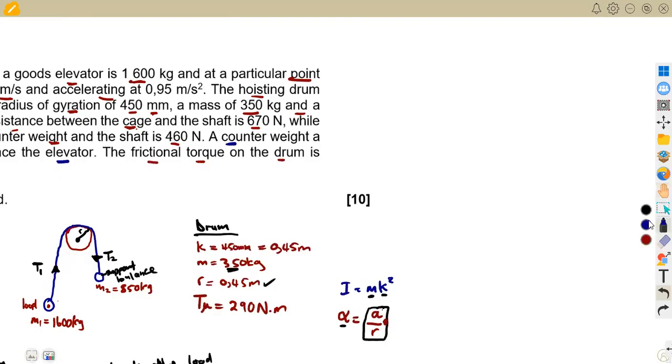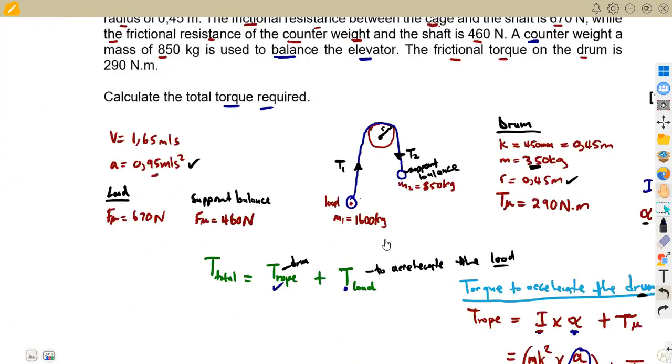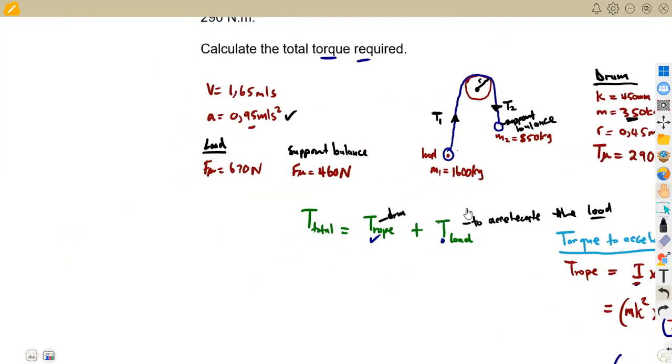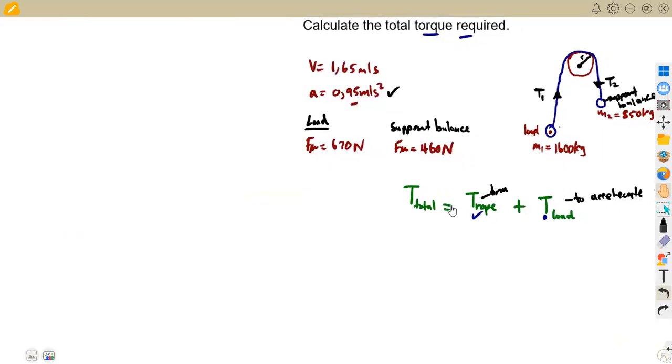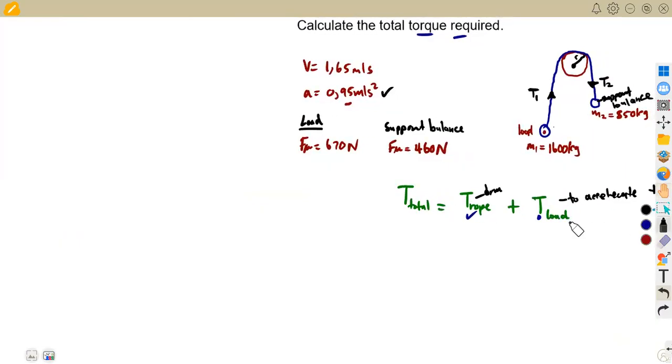So I'm simply saying here, or we can just write it this side here. Okay, let us have it this way. This side, I think it can help us. We just need the diagram. So the torque that is going to be from the load to accelerate the load is our T load in this case.